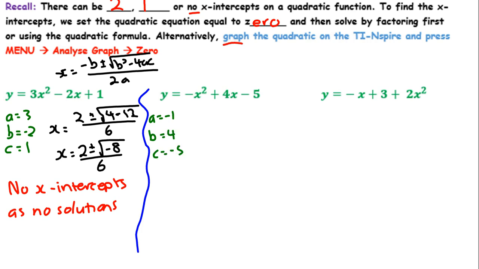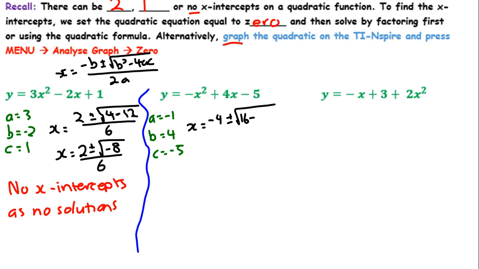You could just graph it on the calculator if it's a calculator question, or you could use the quadratic formula. Please don't be slack with your quadratic formula like I am. I'm kind of pushed for time though because I had to go to the rugby classic. Okay, so negative b would be negative 4, plus or minus the square root of b squared, so 16, minus 4ac.